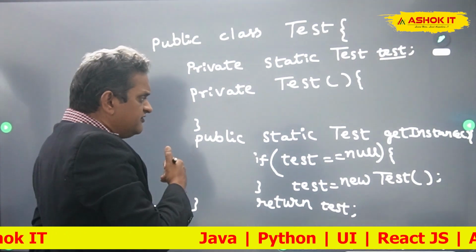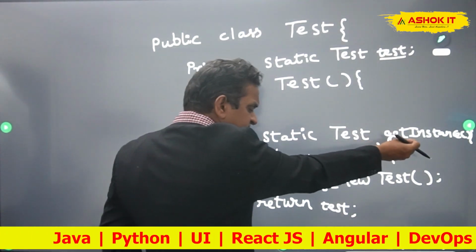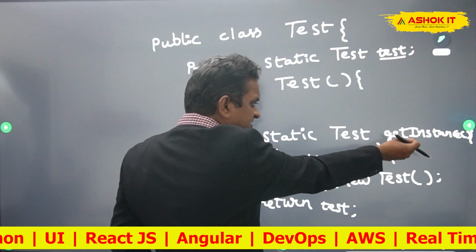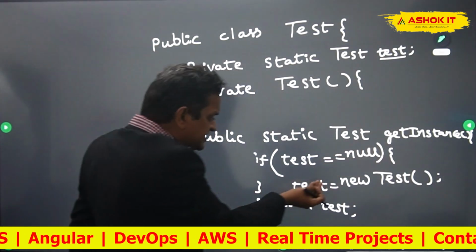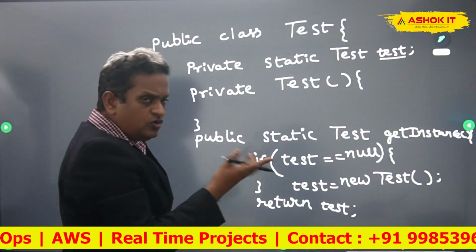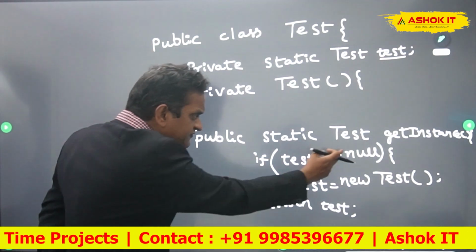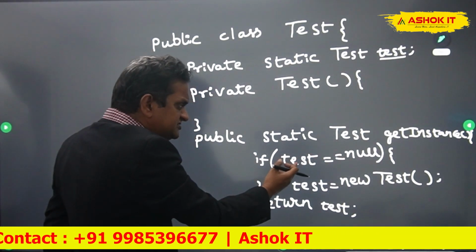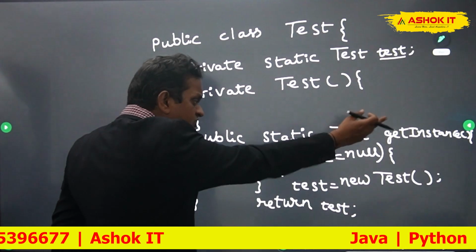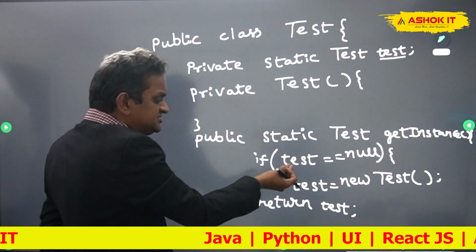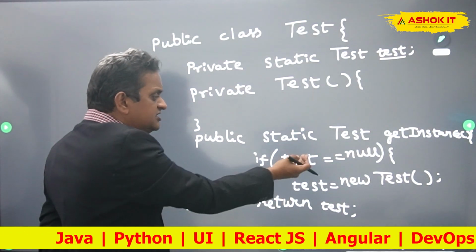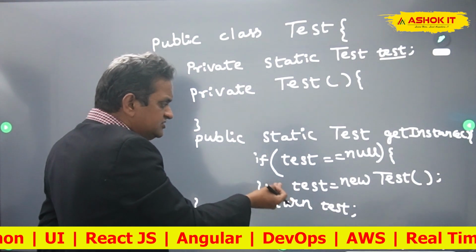But if this method is called 10 times, is the object created every time? No. I am verifying the reference now. If the reference is null, only the first time it will be null. From the second time onwards, the condition becomes false.